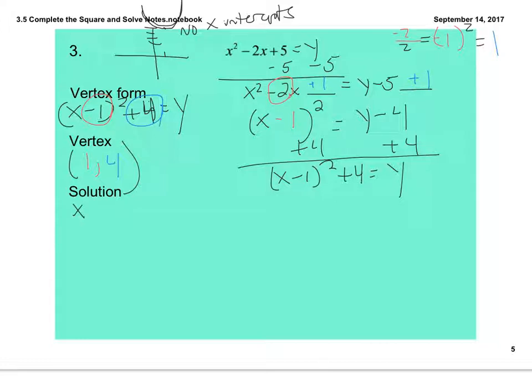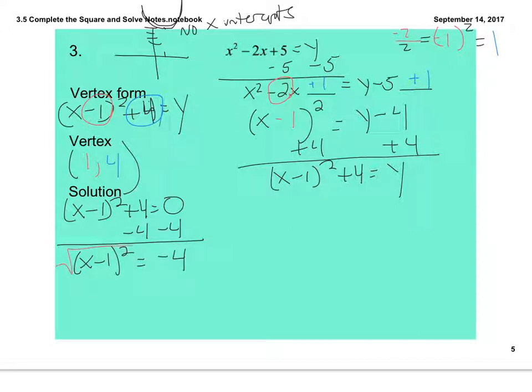So now we take our equation, x minus 1 quantity squared plus 4, set it equal to 0. I am then going to subtract 4 from each side, and I get x minus 1 quantity squared is equal to negative 4. I will then take the square root of both sides, and I will end up with x minus 1 is equal to plus or minus the square root of negative 4.